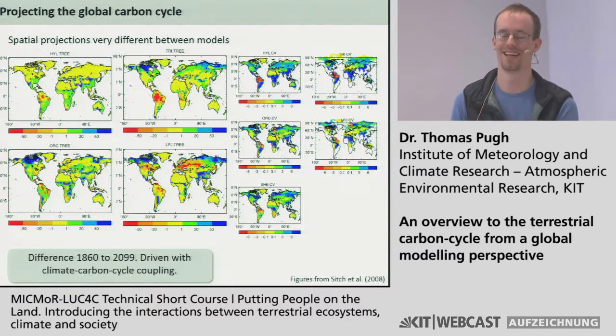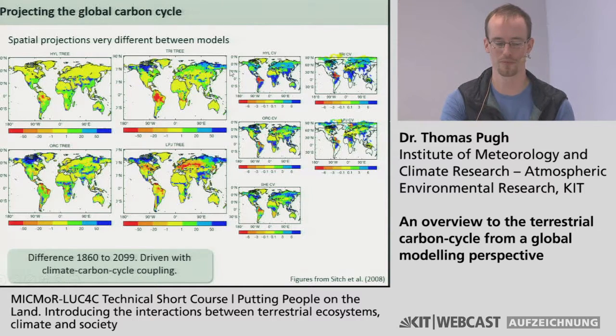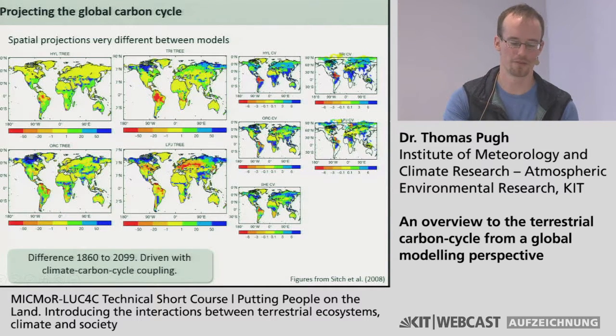As well as models varying in their total change, as a global average, they also vary a lot spatially. So these are some results from an intercomparison of DGVMs made by Stephen Sitch and colleagues a few years ago. This is the change between 1860 and 2099 in the tree cover fraction between 4 different dynamic vegetation models.